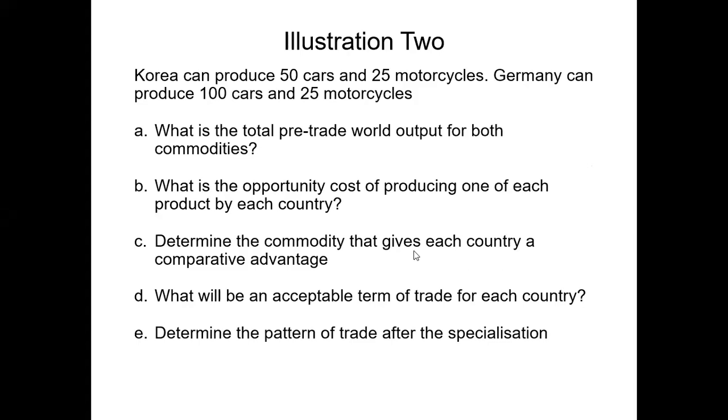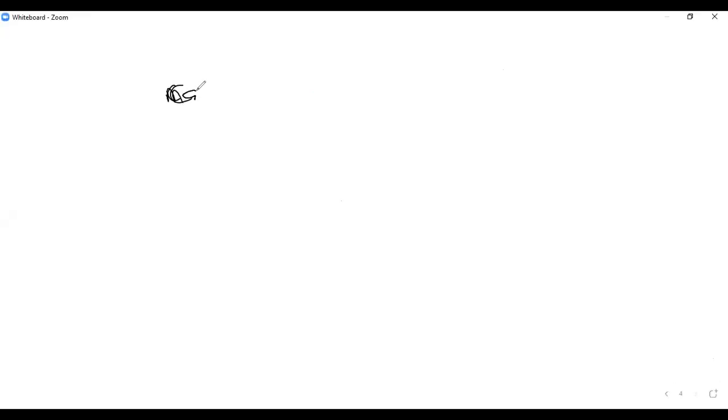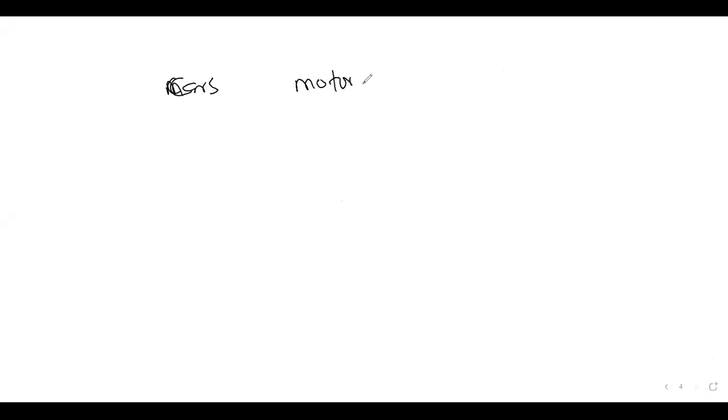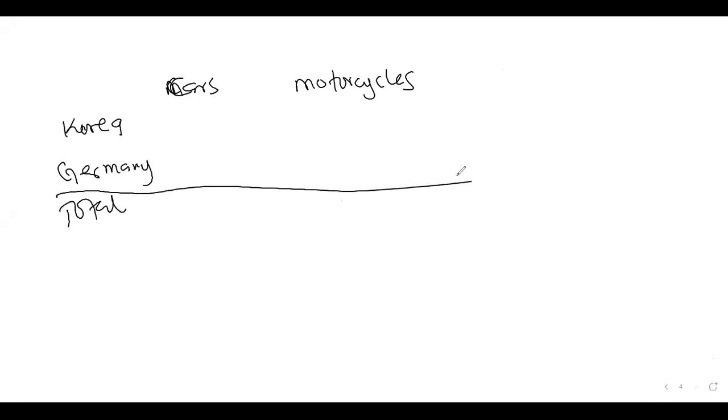All right, so this is pretty simple. We are going to draw our table. I think the question is on cars and motorcycles. So we have cars and motorcycles. Then we have Korea, then we have Germany, then we have the total world output here.